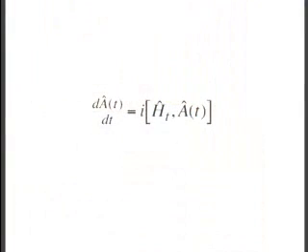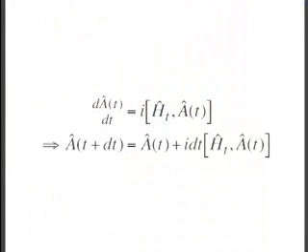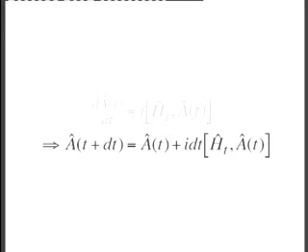So we get A of t plus dt equals A of t plus i dt times the commutator of h with A. And in that form, it expresses each observable at one time, t plus dt, in terms of observables at another time, t. h at t is, by construction, some observable at time t, and so is A of t.